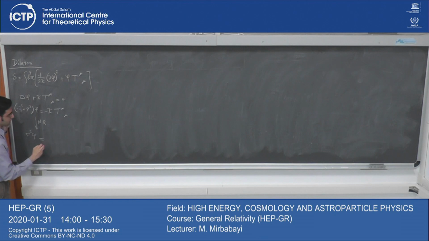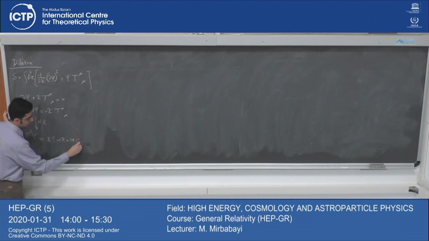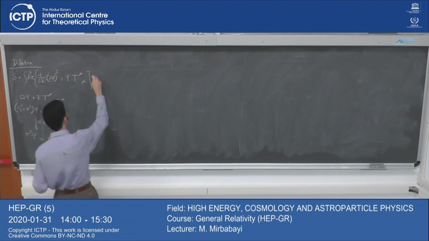On the right hand side, the trace of the stress energy tensor will be dominated by the 0,0 component, and that component is dominated by the rest energy, or rest mass. So what we get for this trace of T mu is just the mass density with a negative sign. So it becomes kappa times rho, which means that kappa has to be chosen to be 4 pi G, so that we recover the Poisson equation.